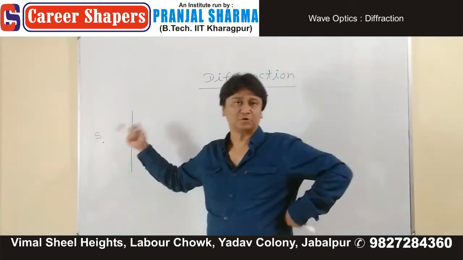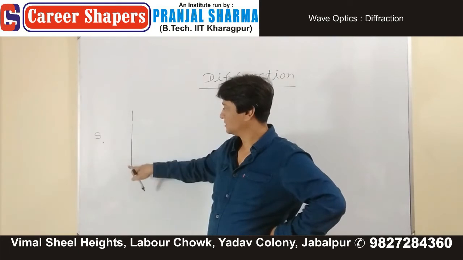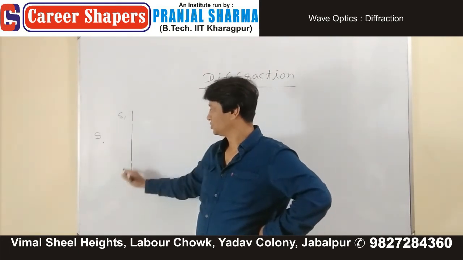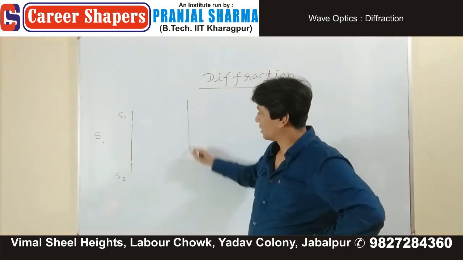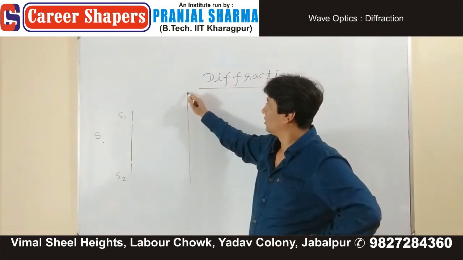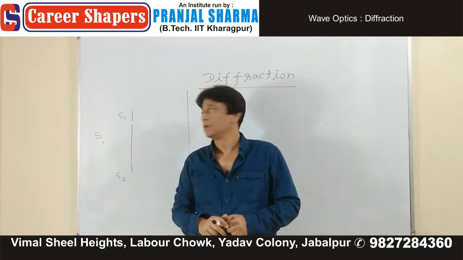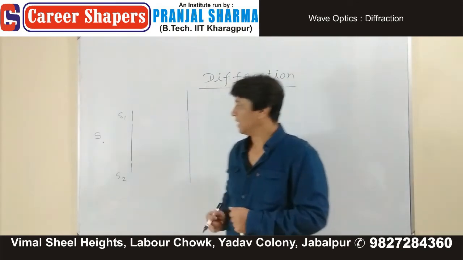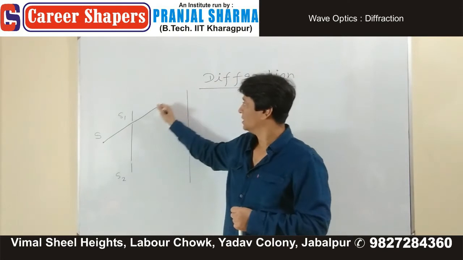This was the main source S, and then we cut open two slits, S1 and S2. Here lies your screen. Now, from ray optics, you know the law of rectilinear propagation, that light always travels in what?